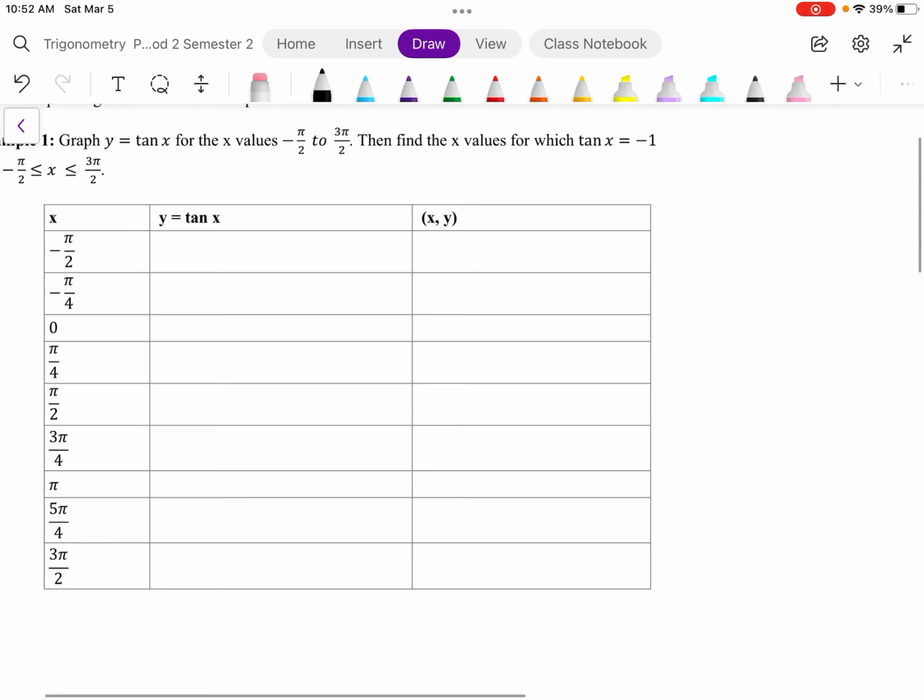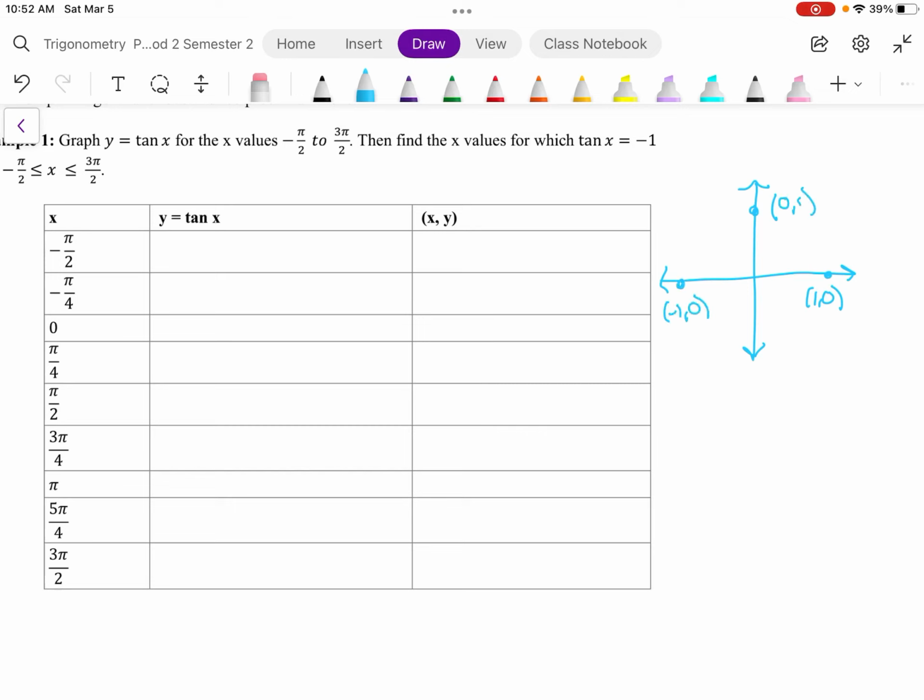So to start with, we're going to fill in this table of values. And again, just like yesterday, we're going to use that unit circle. And we're going to use these to figure out what tangent of these values equals. So remember, each coordinate point represents our cosine and our sine of those values from 0 all the way around to 2 pi.